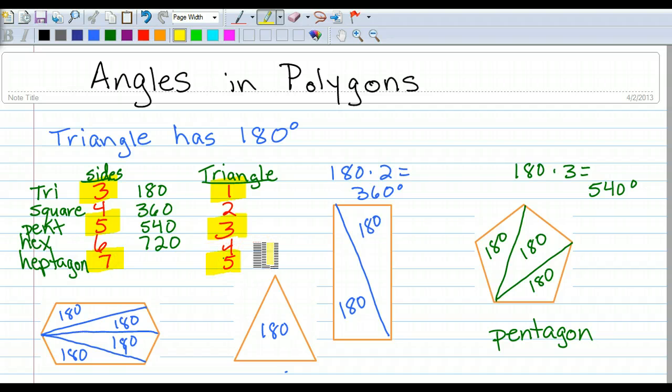The number of triangles you can make is the number of sides minus 2. 3 minus 2 is 1, 4 minus 2 is 2, 5 minus 2 is 3, 6 minus 2 is 4, 7 minus 2 is 5. And if we had an octagon, it would have 8 sides. How many triangles? 6.